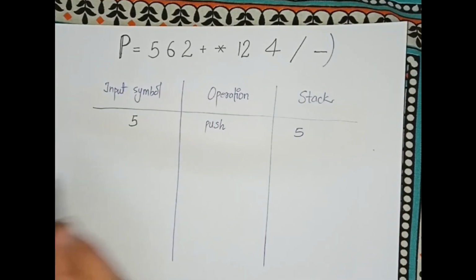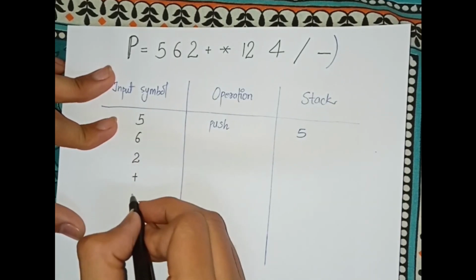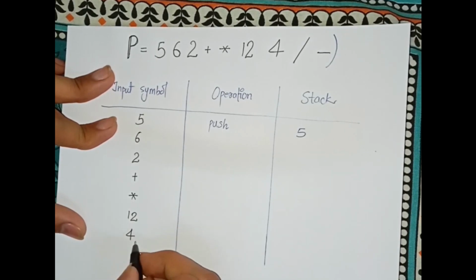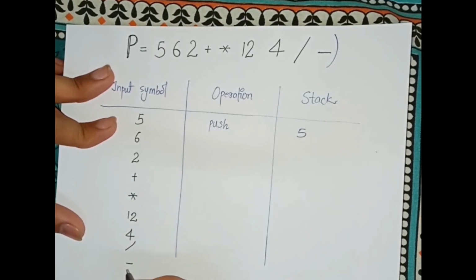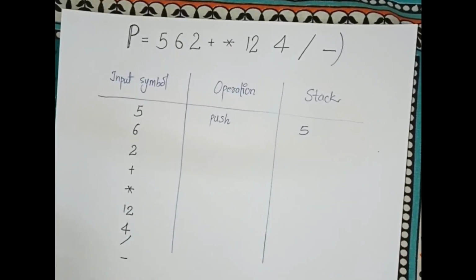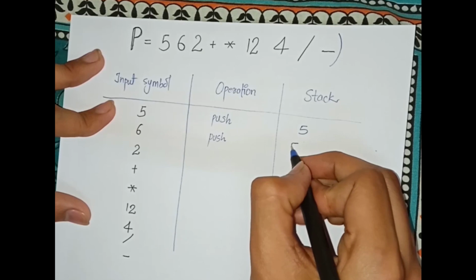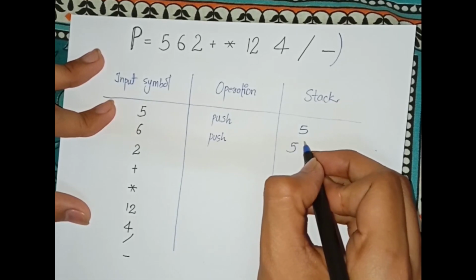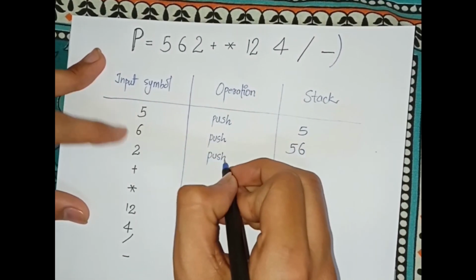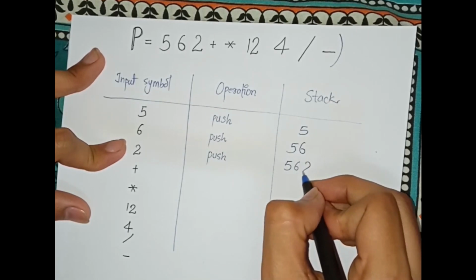Now the next element is 6, then 2, plus, multiplication, 12, 4, division and minus. Again we will write push here, and we push it into the stack after the previous push. Again we are getting an operand, so we are pushing it into the stack after the recent push.